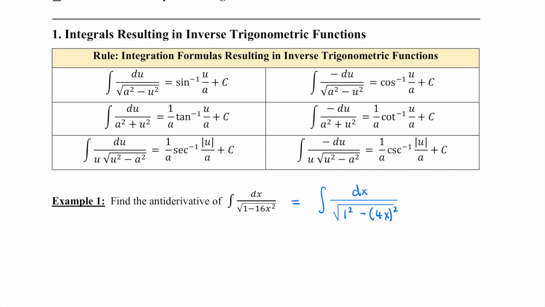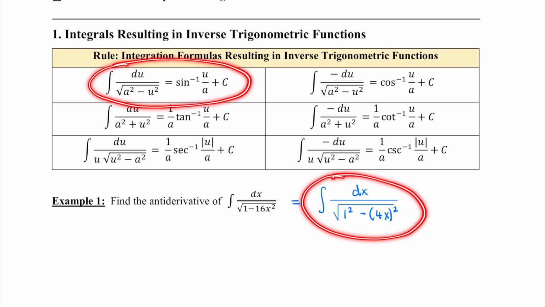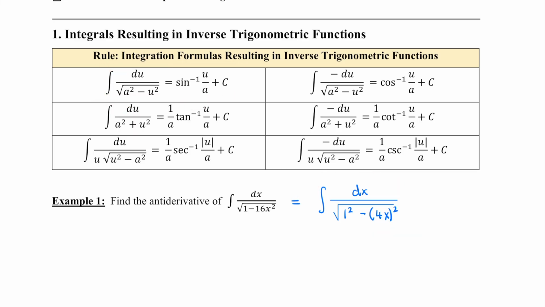So this one has a square root of a constant squared minus an expression squared. This one is eliminated as well because this one has a u in front. My integral does not have a u in front, so this one is also eliminated. So this integral looks like this formula. A is 1 and u is 4x.